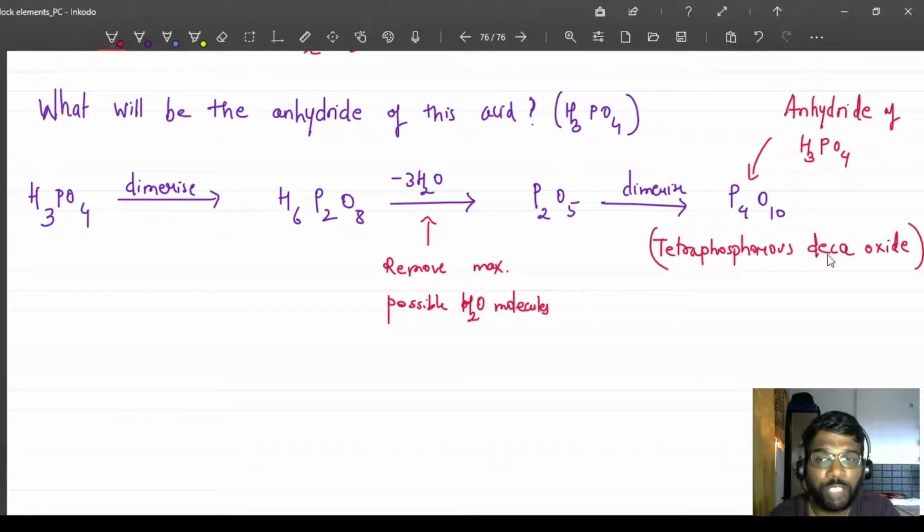The thing is very simple. Take the acid, dimerize it, remove as many water molecules as possible. Then whatever compound you are getting, dimerize it again. This is the anhydride of this acid.